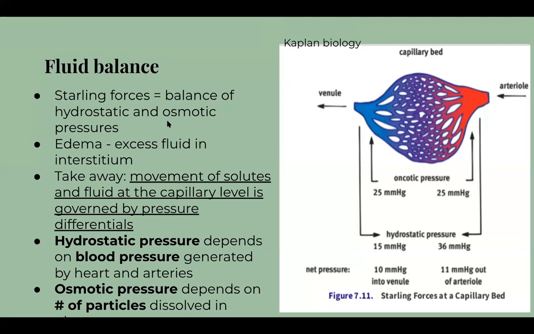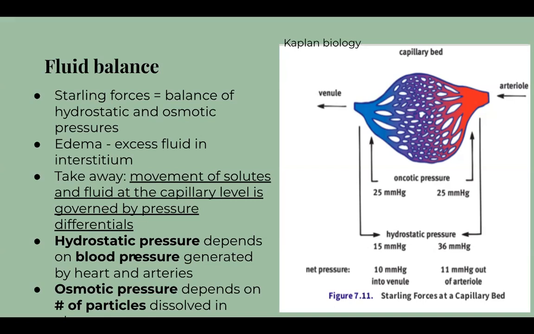Basically, the takeaway is that movement of solutes, and in this case fluid, occurs at the capillary level. The capillary is really the interface where things are exchanged in and out of the circulatory system. This exchange is governed by pressure differentials, the difference between hydrostatic pressure and the oncotic or osmotic pressure.